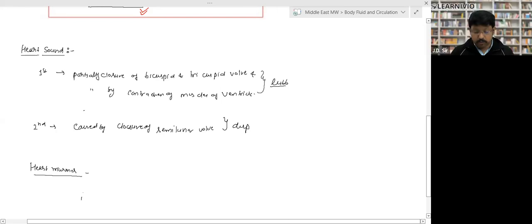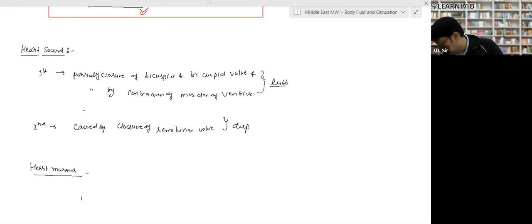The damage to the bicuspid or tricuspid valves affects the quality of the first heart sound. Full stop.